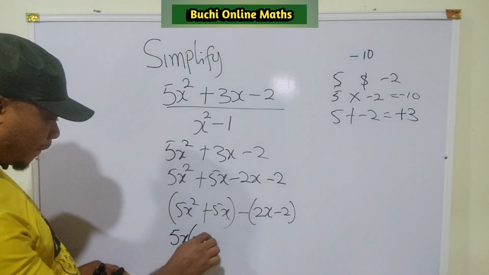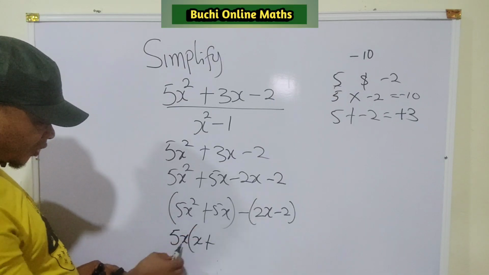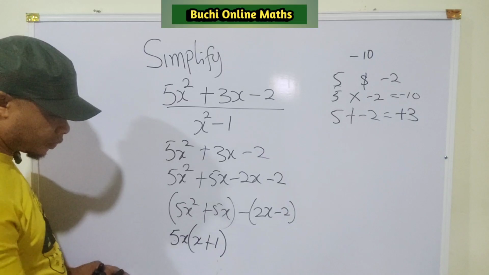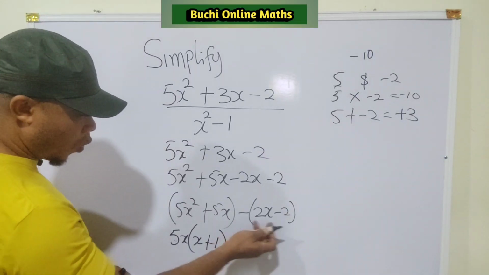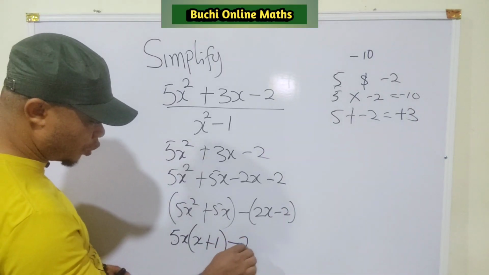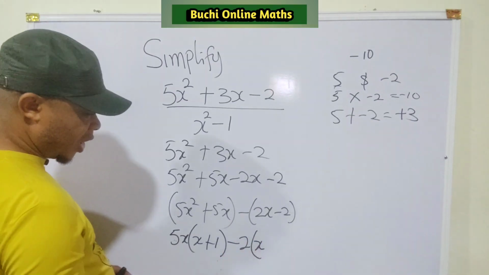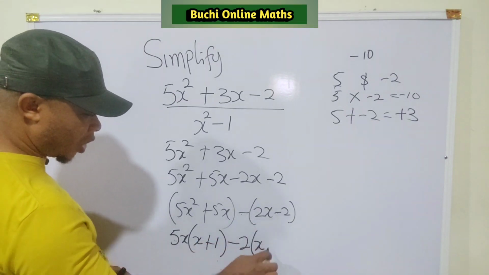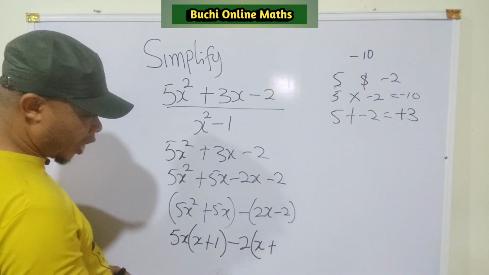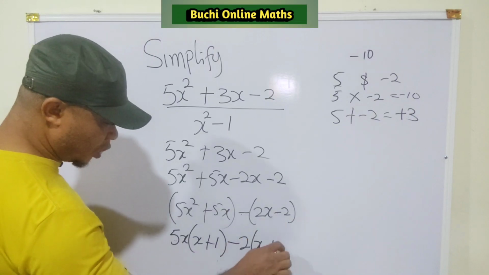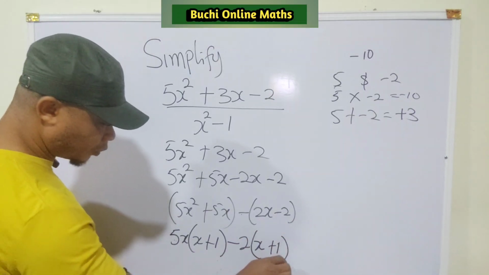Then plus 5x, we eliminate the 5x here, so we are left with 1. Then minus, what is common here should be 2. Open your bracket. The next thing is x, then minus times minus gives us plus, then we write 1, because 2 divides 2 to give 1.